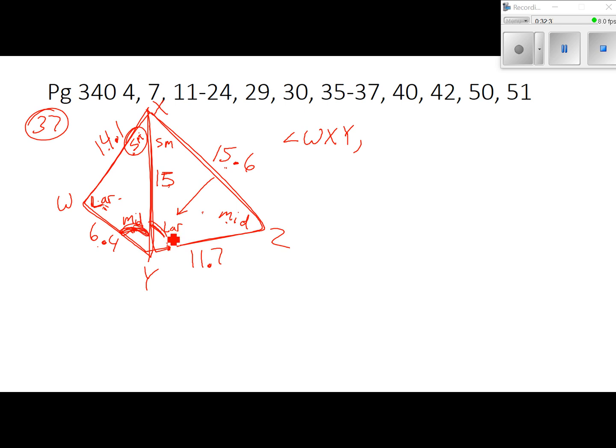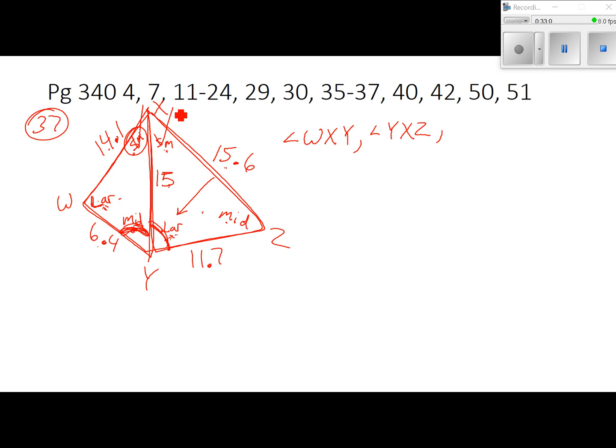Well, the middle one over here is the same as this one. But what's going to end up happening here is this angle right here has to be the next smallest. So angle YXZ has to be the next smallest. So we've taken care of this angle, we've taken care of this angle.